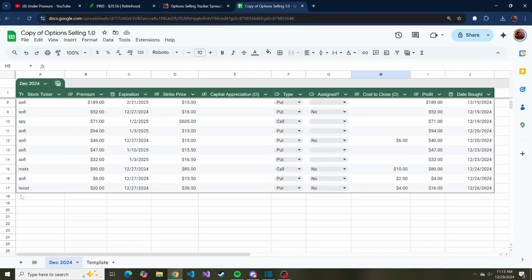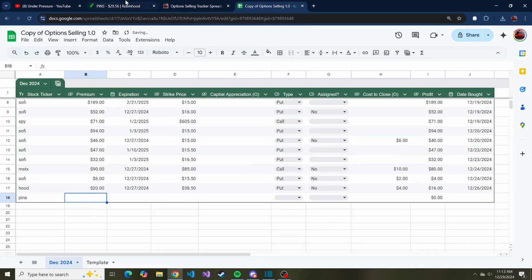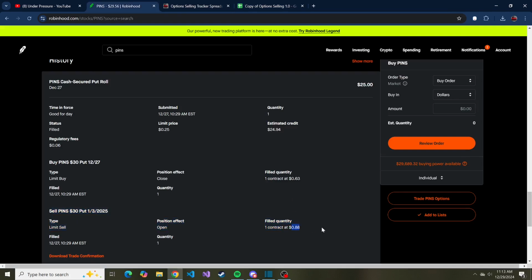And what I mean by that is we'll make a new column right here. And this will be Pinterest, so PINS is the ticker symbol. The premium I get, however, is not going to be $88 because that is not the net. The net is $25. That's how much I gained from buying to close this and then selling to open the new one.